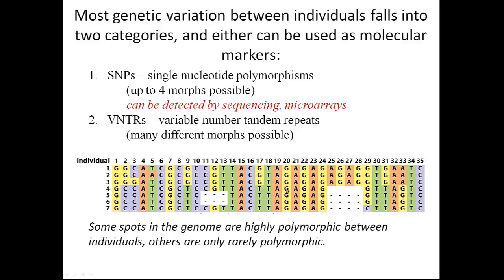All right, so these guys only have 3 repeats, and these ones up here have 5 repeats. The nice thing about VNTRs is that many different morphs are possible. You're not limited to just 4 possibilities like you are for a SNP.